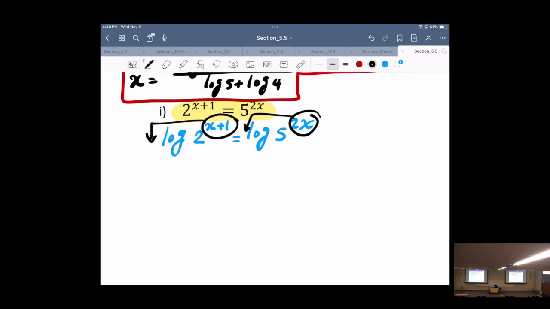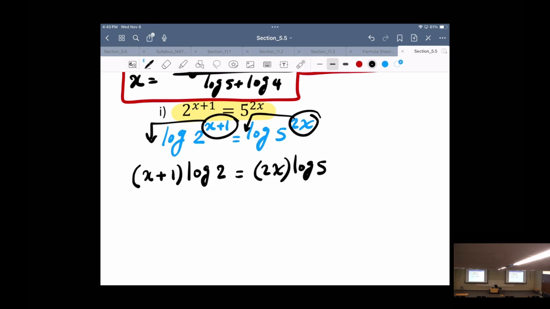Notice that on the left you have two terms in the power, right? So make sure you put them inside parentheses. So you say x plus 1 times log of 2 equals 2x times log of 5.